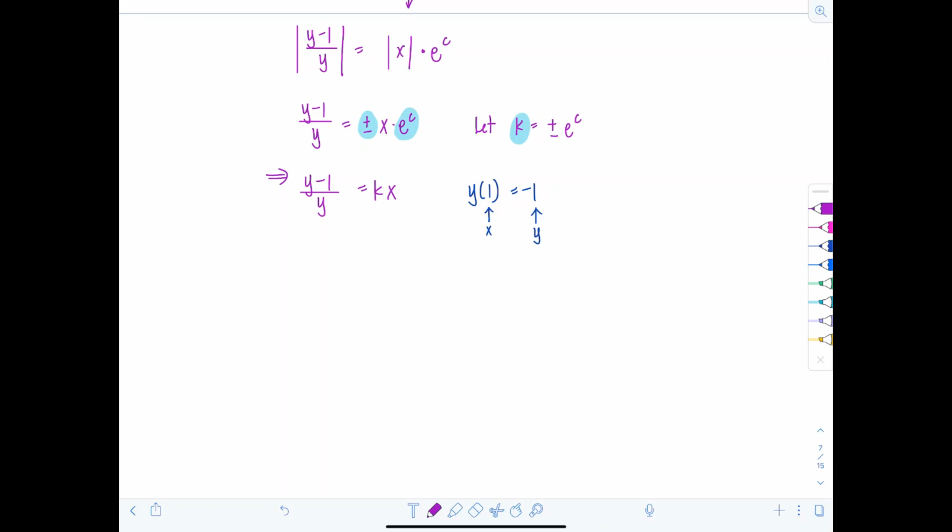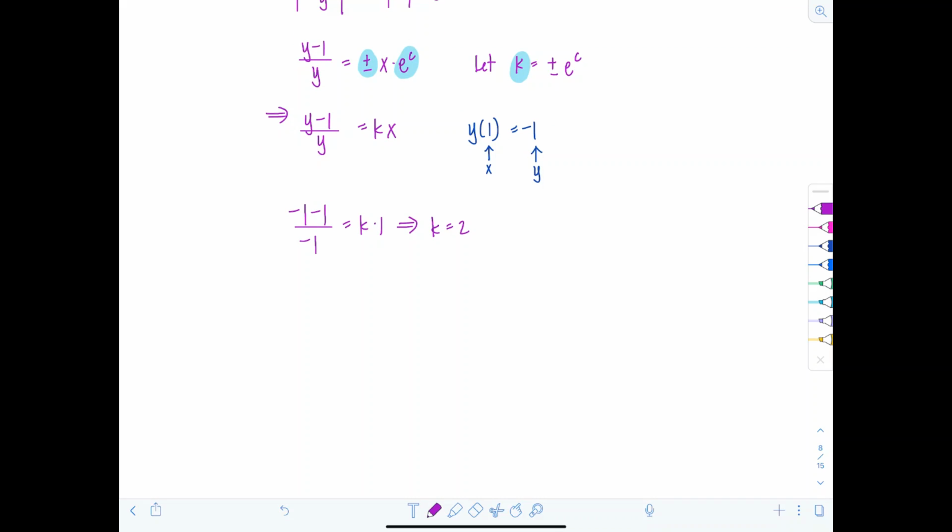So I have here negative 1 minus 1 over negative 1 equals k times 1. And so let's see here, what do we have? Things are cleaning up nicely, are they not? We've got k is equal to positive 2.